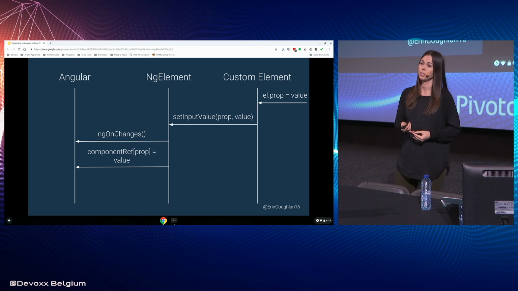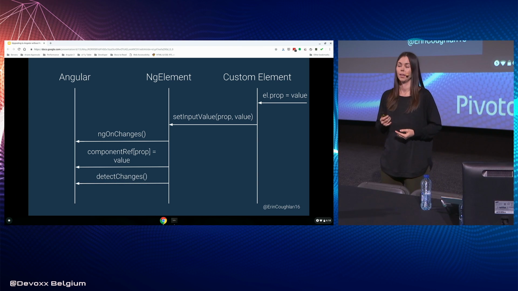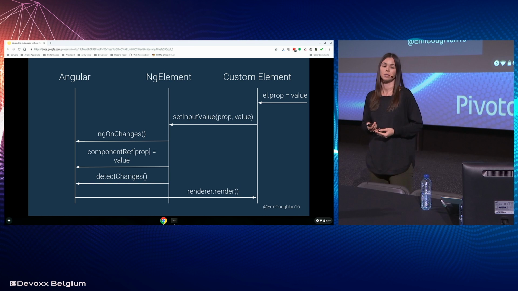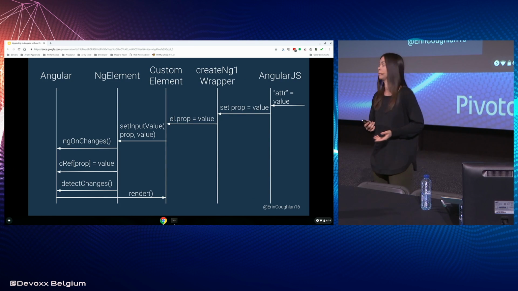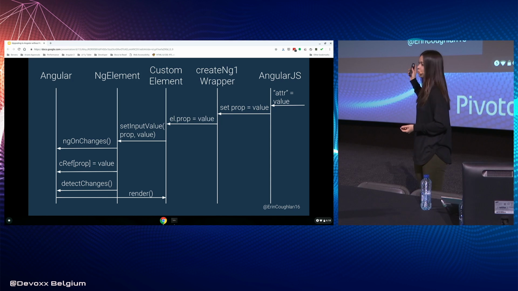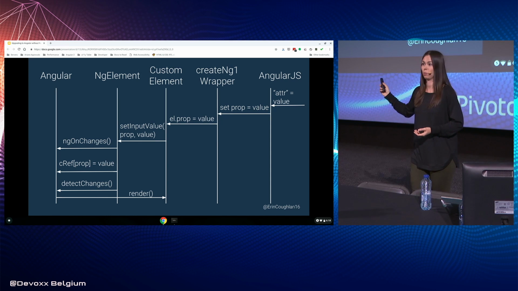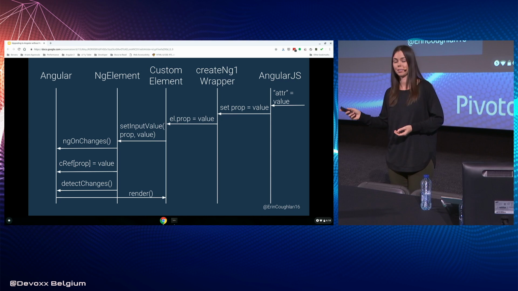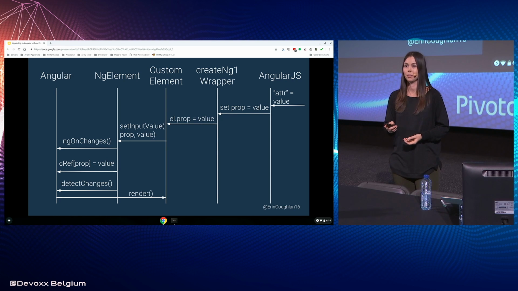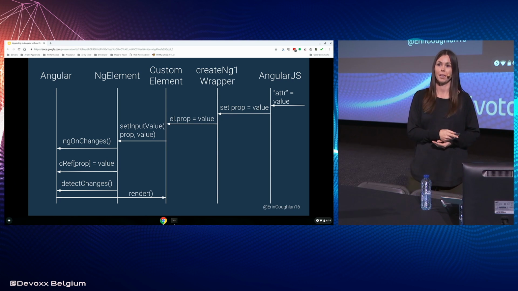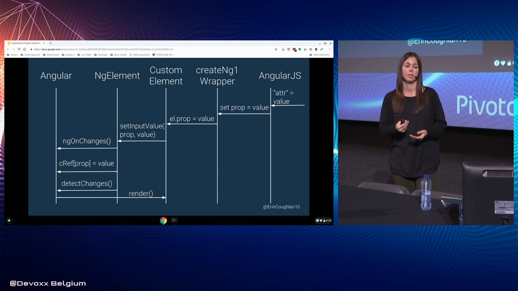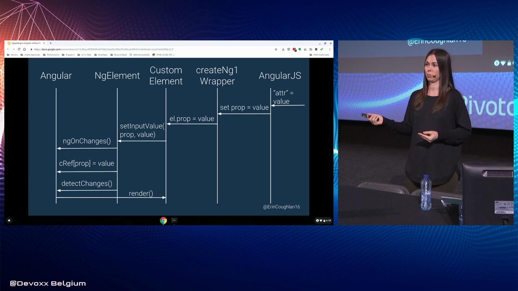It sets the actual property all the way through, and then runs detectChanges, which updates the browser. So if we look at this together, we go from our attribute value to a property on our wrapper, to a property on the custom element, to an input to our element strategy, to Angular, where it is just an input. That runs change detection, runs ngOnChanges, and then updates the browser.